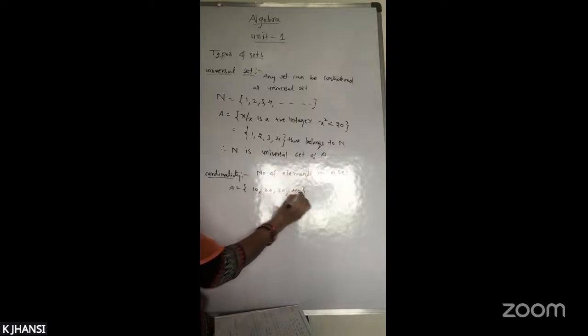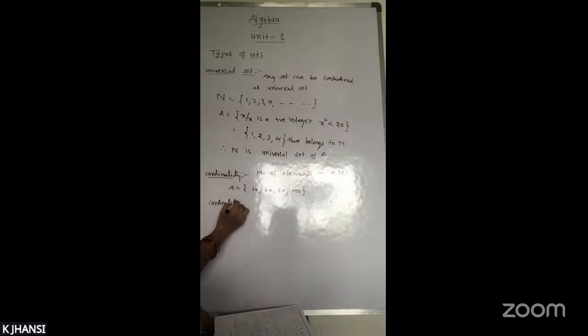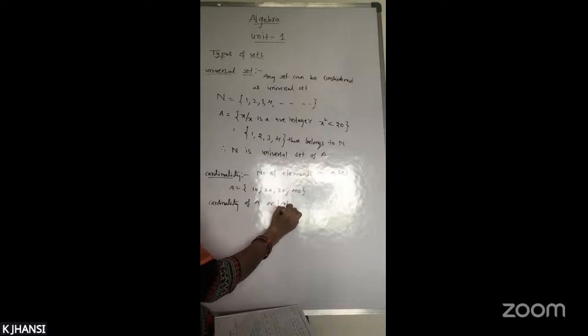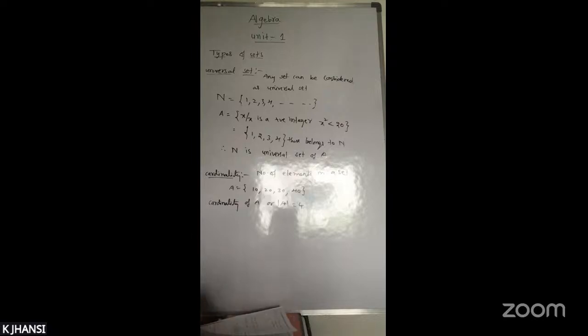These are the elements of the set A. So the cardinality of A, we can write as cardinality of A, or the symbol is mod A. The number of elements is 1, 2, 3, 4, so the cardinality of set A is equal to 4. Like this we can find the cardinality of the elements in a set.